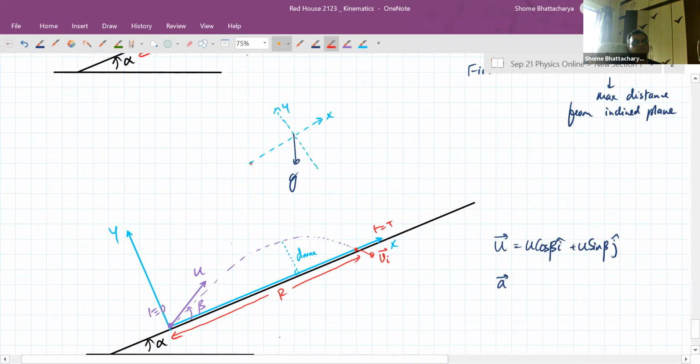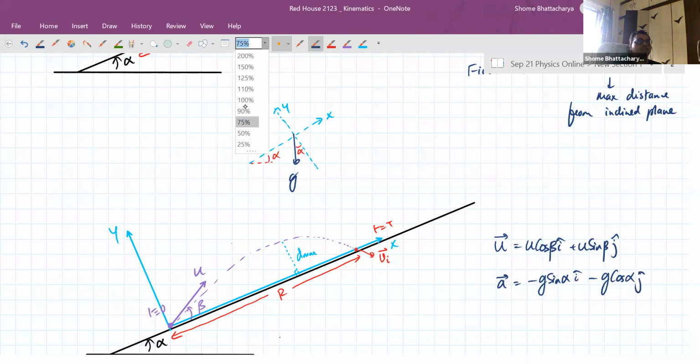If the angle with the horizontal for the inclined plane is alpha, then g is at that same angle alpha with respect to the vertical, with respect to the normal y-axis. So the acceleration's components will have a negative x component of g sin alpha, and a negative y component of g cos alpha.